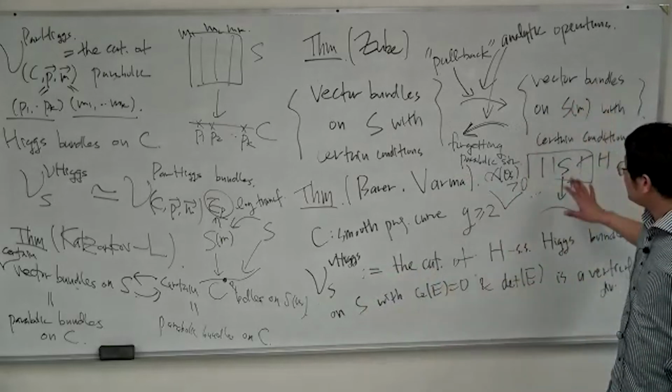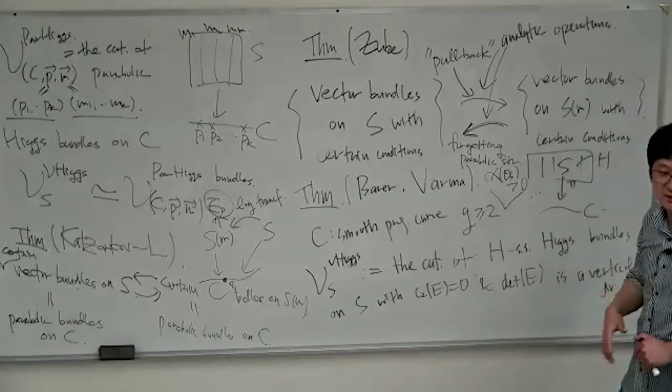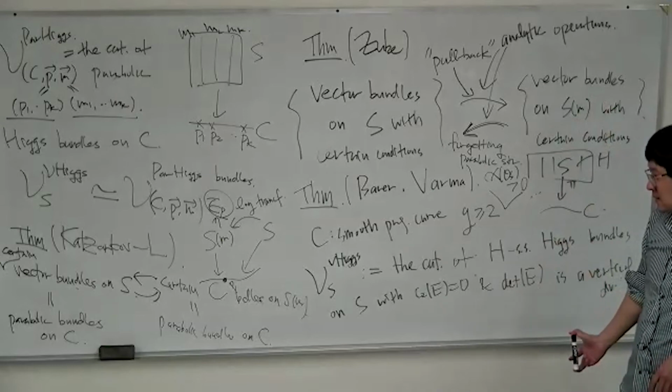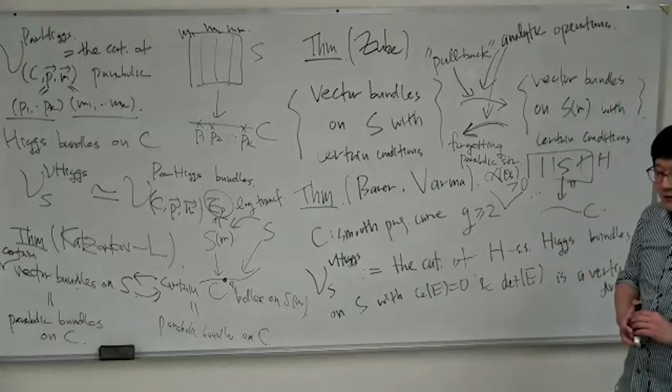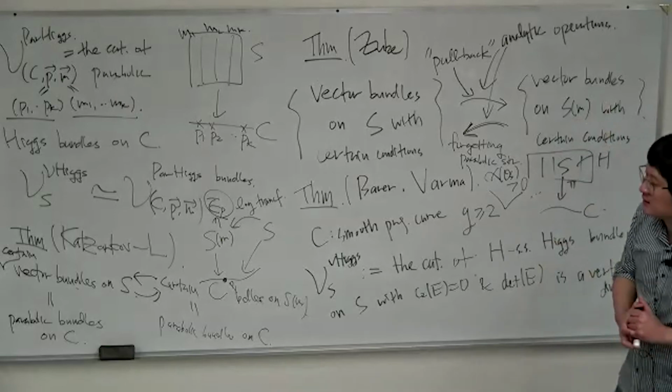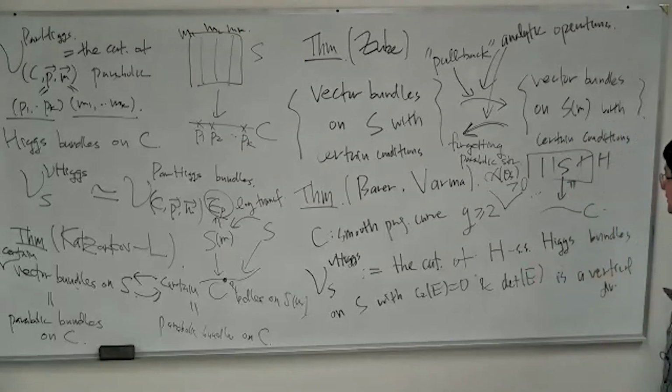So this has more structure and many more objects in general. And your theorem is an explicit interpretation of that same functor, but at the level of bundles. So we use this theorem to understand this.